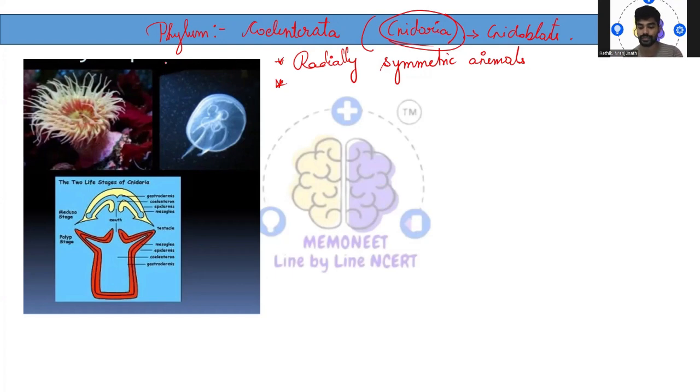Then coming to the presence, you can actually see the presence of tentacles here. Tentacles will be seen right on the body, right? So these tentacles help in holding the prey and also in locomotion.